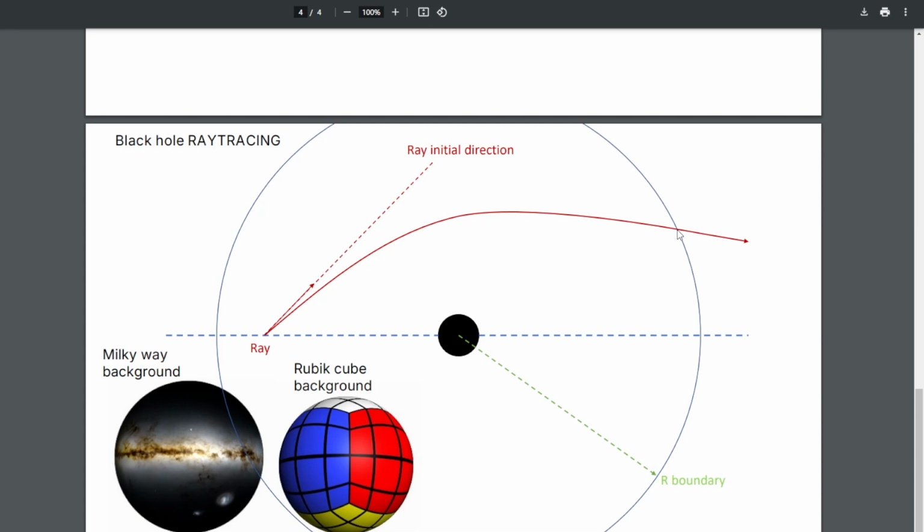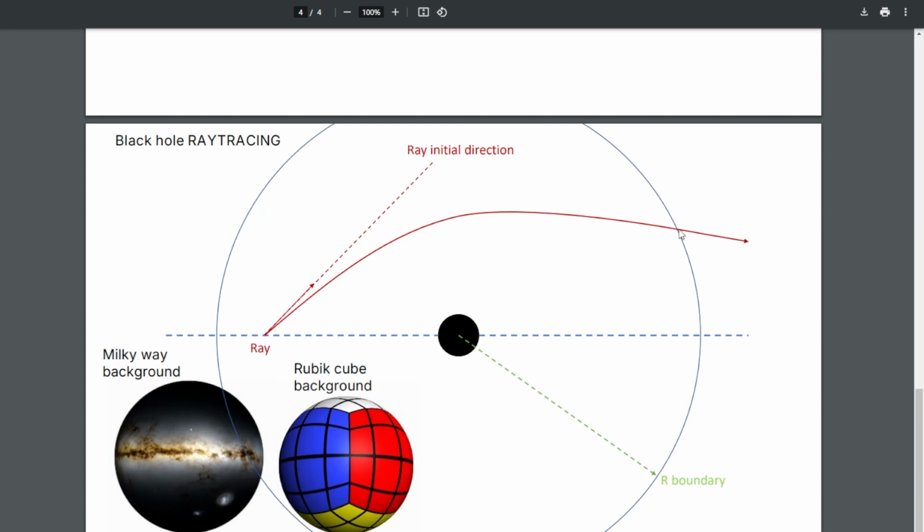The very last step is, because I started with my initial photon with the initial direction, I know the final direction. Now I just need to map that final direction onto an image. In this case, this would be the image of the background sky, or the image of an infinitely big cube, which are the two options that I showed right here.